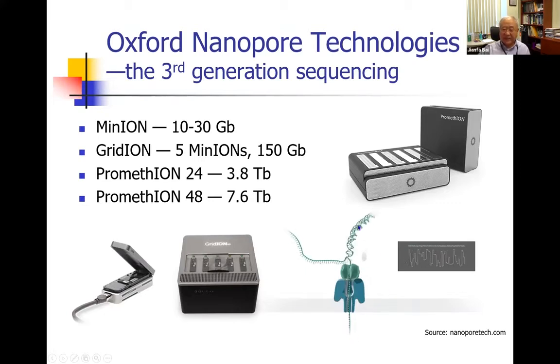When a nucleotide walks through the pore, the electric current is altered by the different nucleotide. And that alteration in electric current can be back translated into sequence. So that's the third generation. It's really small, and it can also sequence really long pieces.